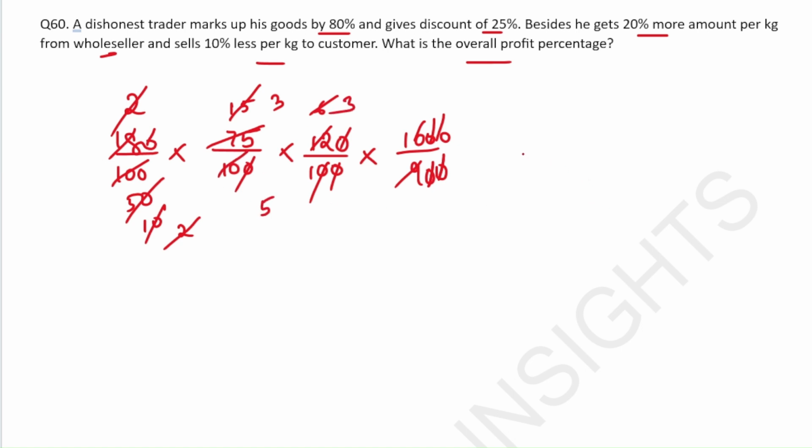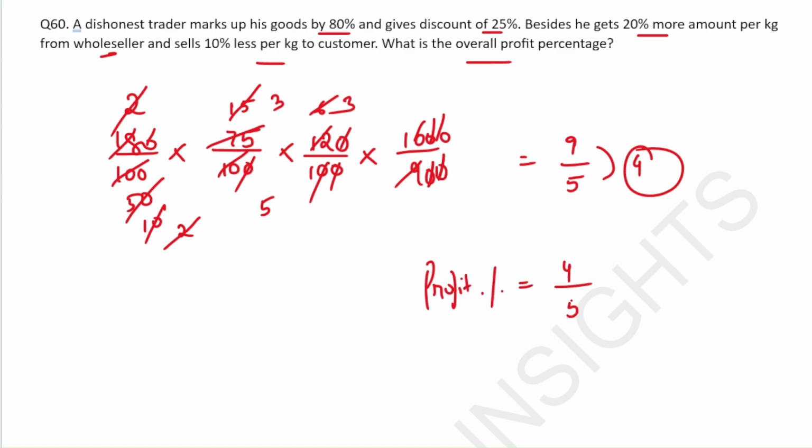So that means 3 3s are 9 and then this 5. That means the dishonest trader is getting a profit of how many? That is 4, right? So profit percent will be 4 divided by 5 into 100, 520. That means he is getting a profit of 80%.